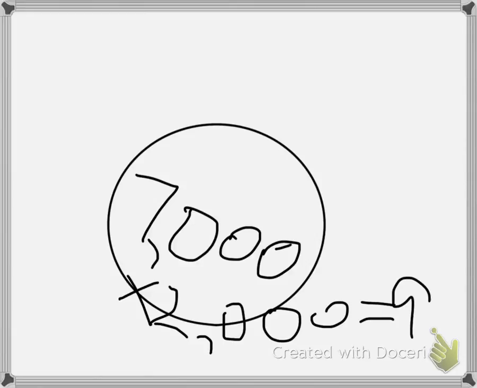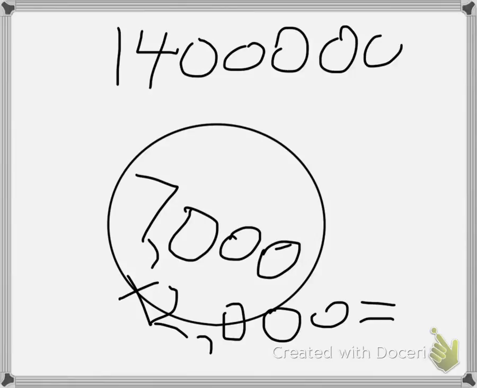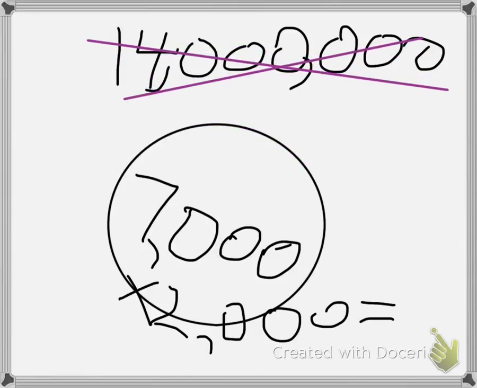What? 7 times 2 equals 14,000. No. 14 and then you add the zeros. 6 zeros? There's 6. It would equal 14 million. So, let's X out that now since we're not using it.